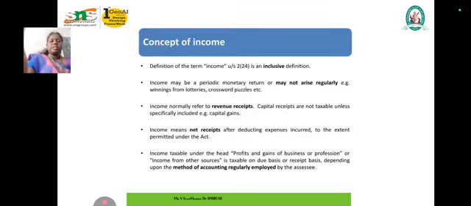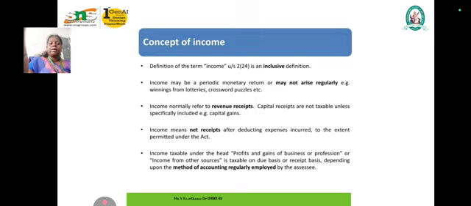So first we can see the concept of income. Before that we have seen a definition as per the subsection, and now we can see the concept. First, the definition of the term income in subsection 24 is an inclusive definition. Income may be a periodic monetary return or may not arise regularly. Example, winnings from lotteries, crossword puzzles, which do not often occur. Income normally refers to revenue receipts.